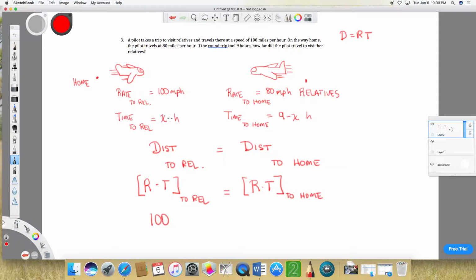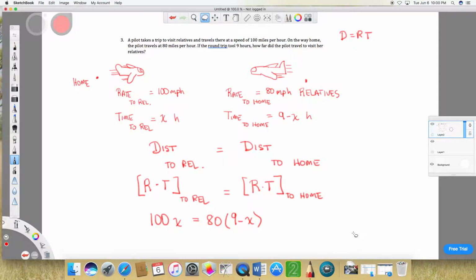And we said we were going to let x be the length of time it took to travel to see the relatives. On the way returning home, we were flying slower at 80 miles per hour, and the length of time that it took to fly home was 9 minus x.